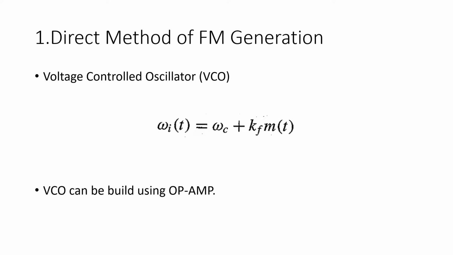Now, one can achieve frequency modulation with the help of voltage controlled oscillator, that is a VCO. And in VCO, the frequency is controlled by external voltage. The oscillator frequency varies linearly with the control voltage.